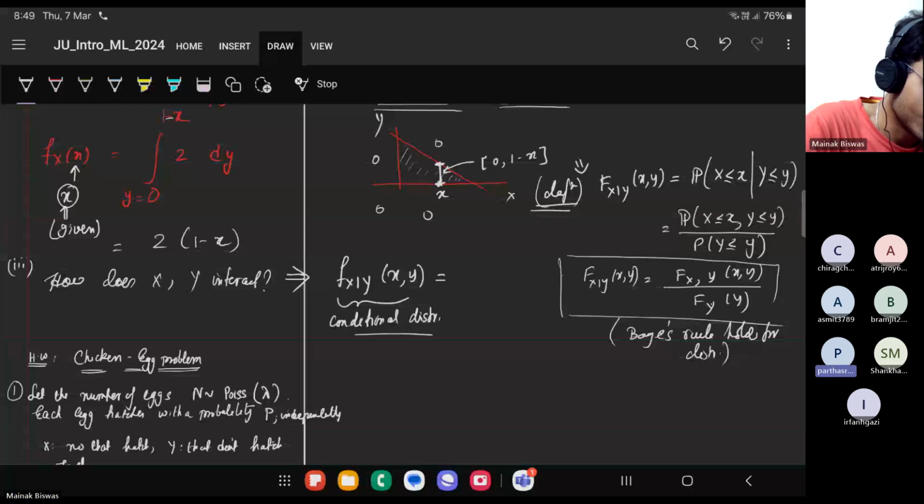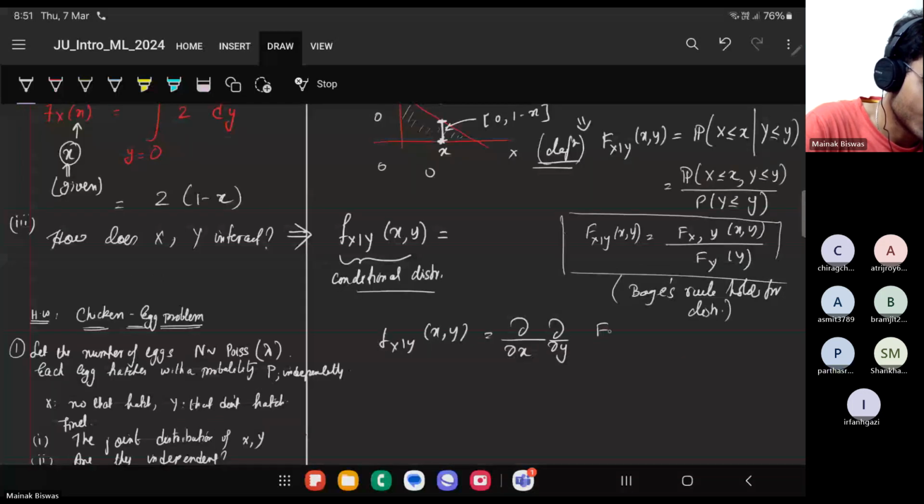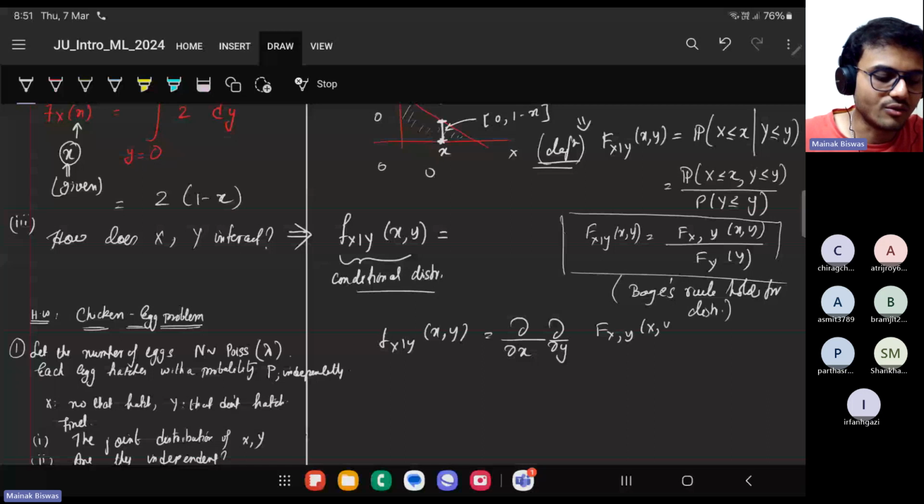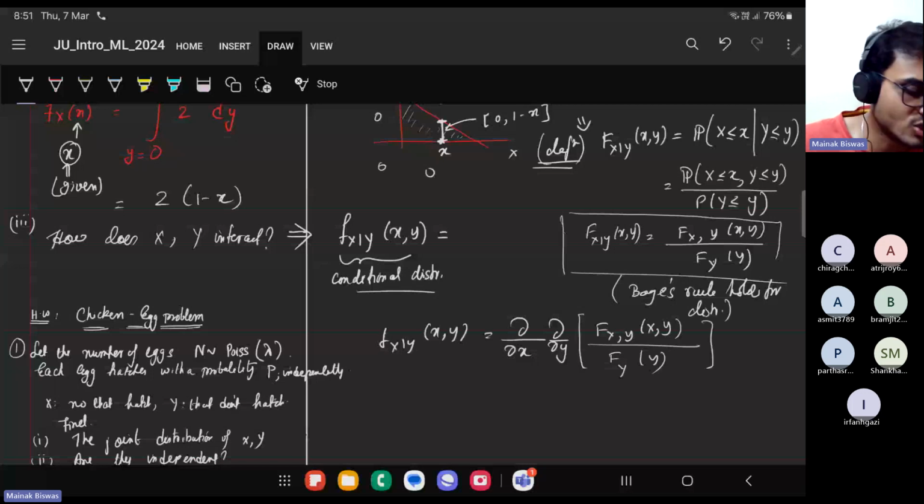I want it in terms of differentiation. So a double differentiation of this joint, right? Both random variables are given to me, so I'll take a double differentiation. What will happen to the numerator?